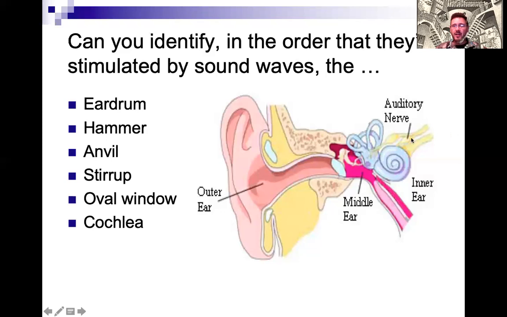So look here at the auditory nerve. By now we should know that a nerve is a bundle of, fill in the blank. I can't hear you, but hopefully you said axons. A nerve is a bundle of axons. The cochlea is where we're going to find the receptor cells for hearing. And those receptor cells have axons.